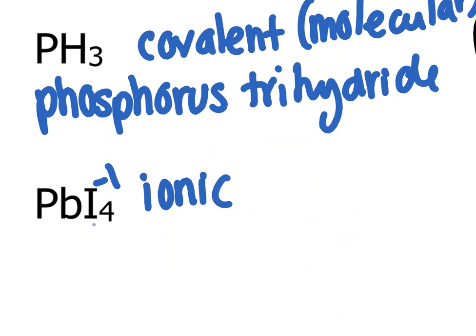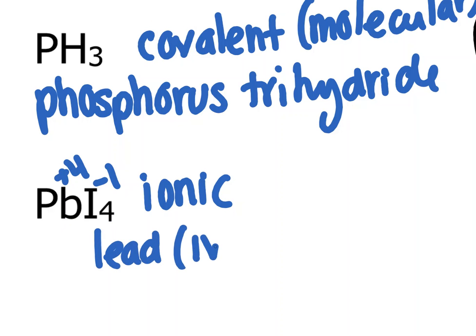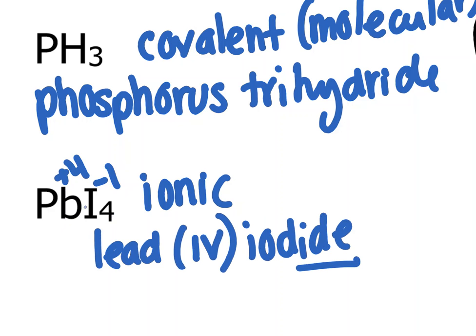This iodide is in the -1 column on the periodic table. So I know this is neutral, so that means that this lead must be +4. And so I will say lead, and then I'll use my Roman number for 4. Iodide. Again, we end in "ide" if it's an element there.